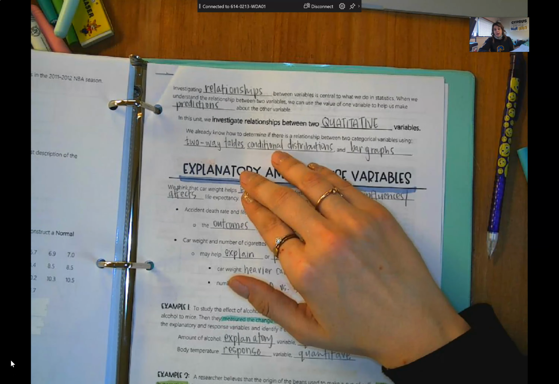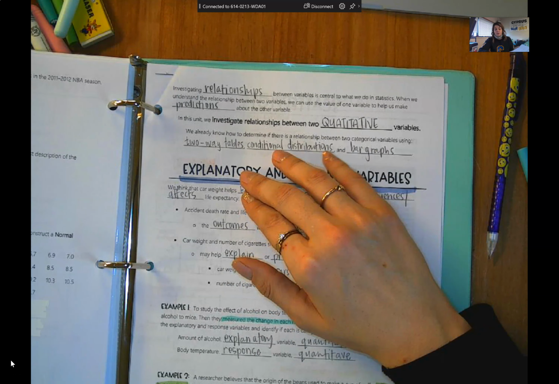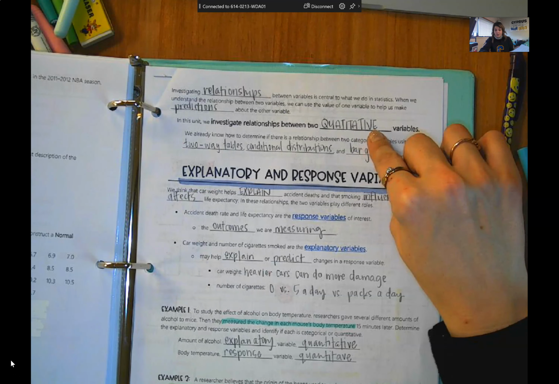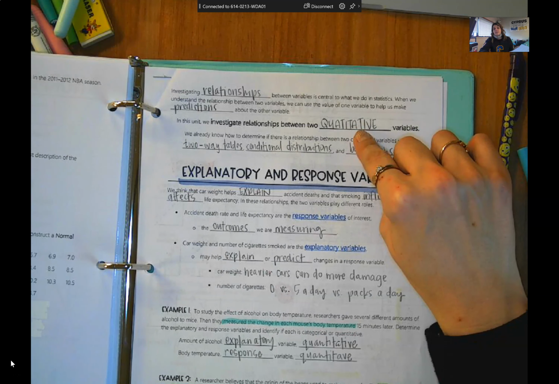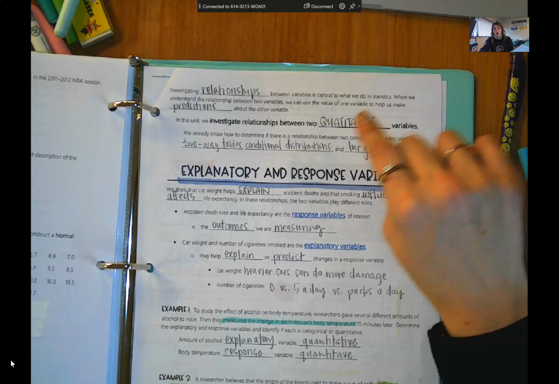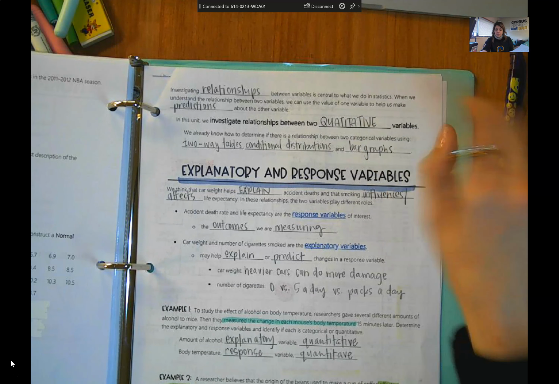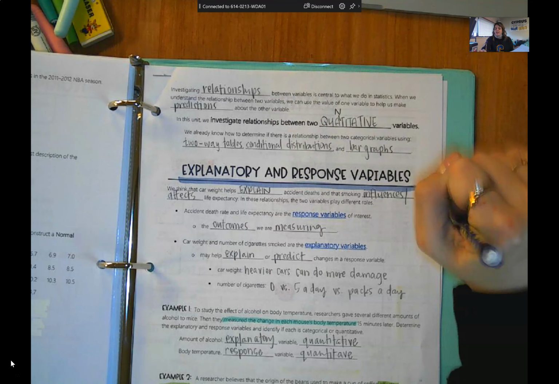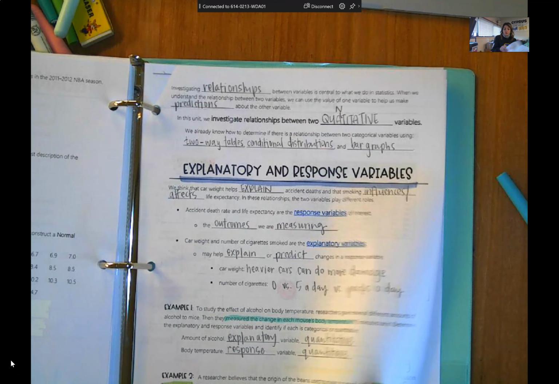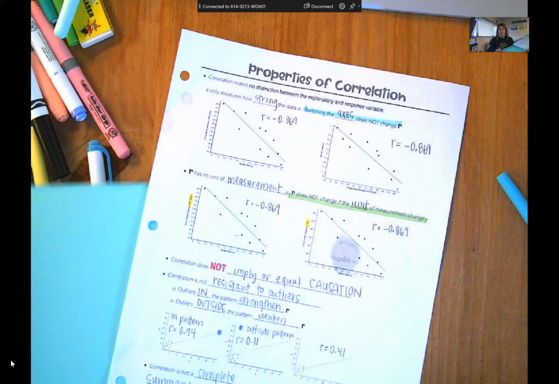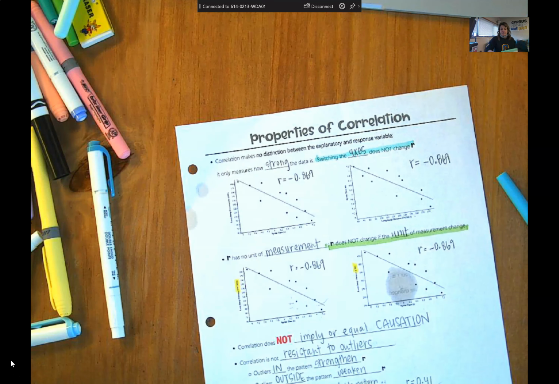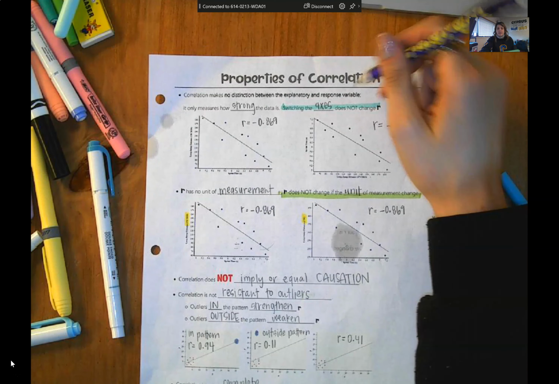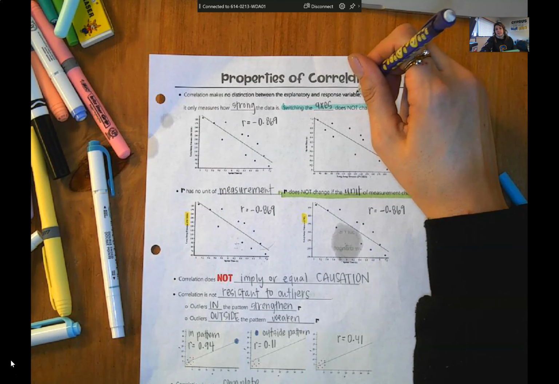We've already talked about how to do this for categorical data. So this entire unit, everything is the relationship between two quantitative variables. I spelled quantitative wrong here. That's a sad day. So I assumed that once we got to this page, there was an underlying understanding that this only works for quantitative data.